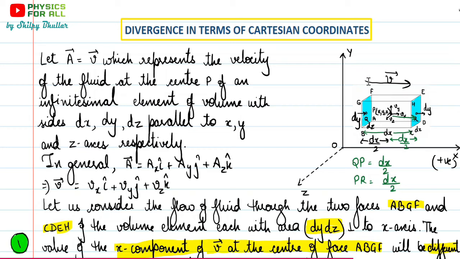Because fluid is going through all the surfaces, so there would be some change in all the directions. We have this top and bottom face as well, and then front and back. I'm not coloring the front and back because then it would be a bit difficult. But you can see the top and bottom colored in orange. We have to find the flux through all these faces.